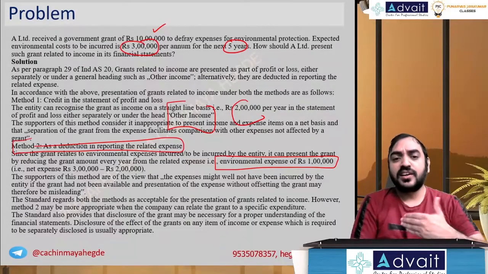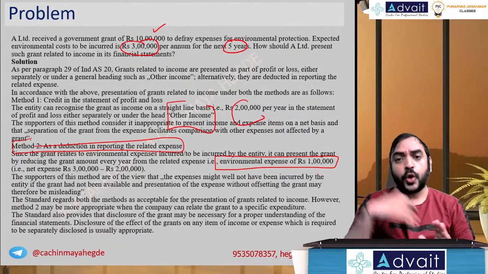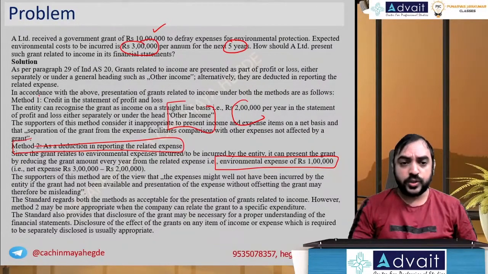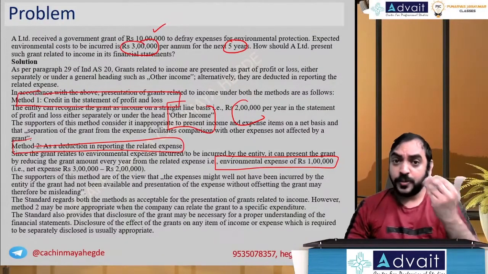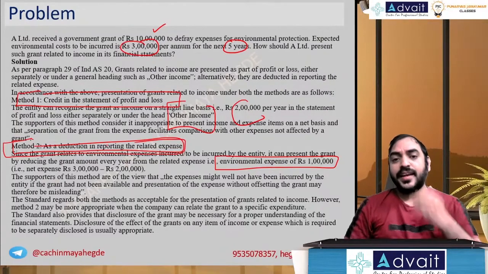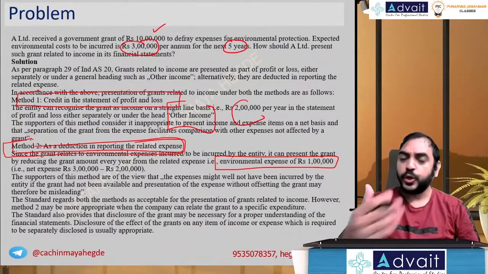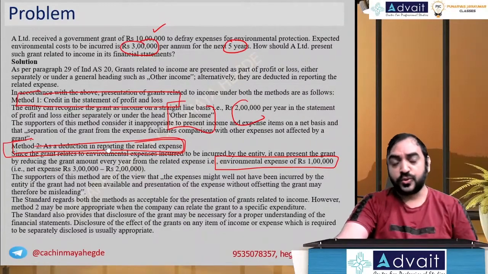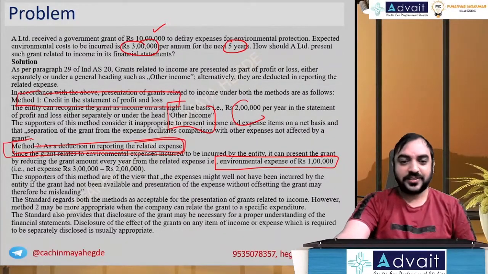So either it is net amount 1 lakh, or you show 3 lakh expense separately, 2 lakh income separately. Both the methods are available. So one is as a credit in the P&L account as a part of other income, or as a reduction from related expense. So we have the two methods applicable in this situation. You can read through it for detailed answers.